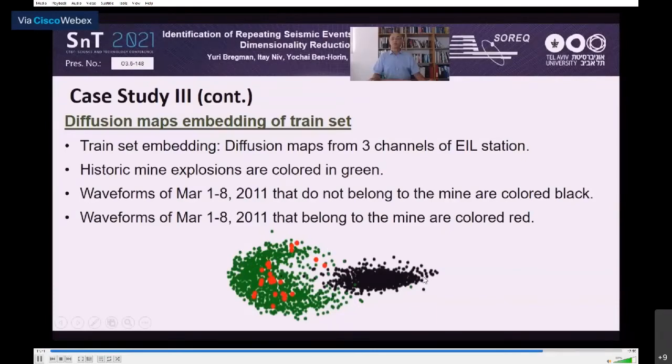Waveforms that do not belong to the mine are colored black, and the arrival waveforms that belong to the mine are colored red. In this case, we used the first 10 diffusion coordinates for our analysis. Here in this plane, you see only, of course, the first 2.